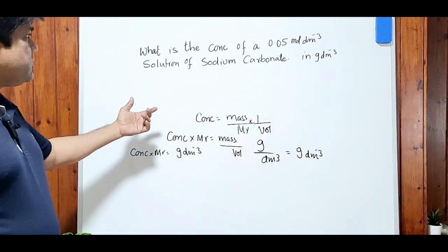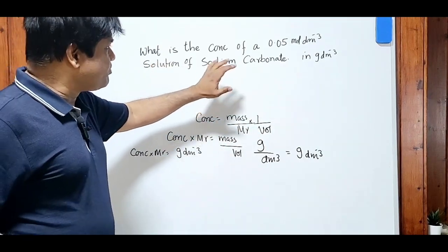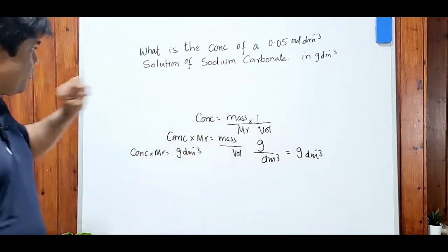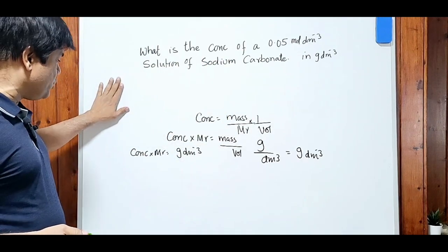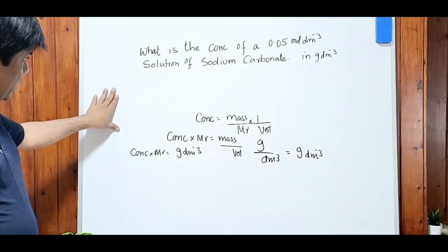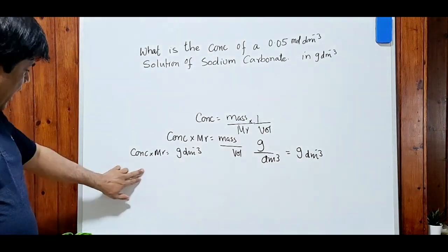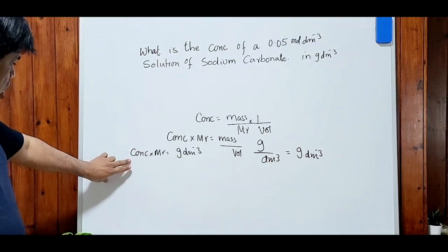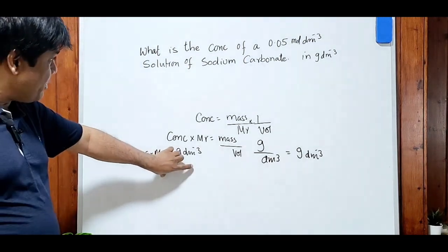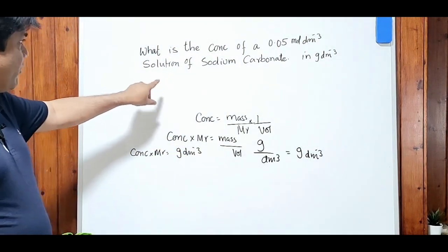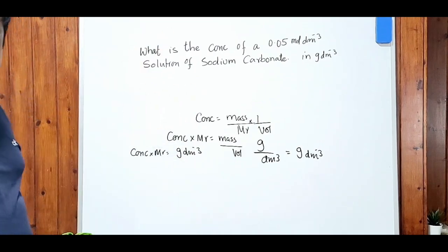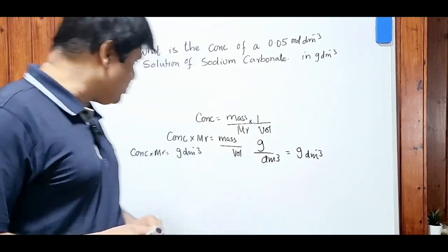So in that question, conc is given in terms of mole per dm cube, and we have to change into gram per dm cube. Look at the board. I have given this formula: conc times Mr equals gram per dm cube. This time we have to convert mole per dm cube into gram per dm cube.